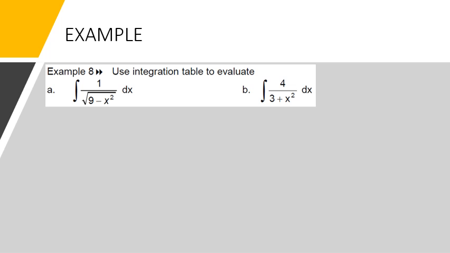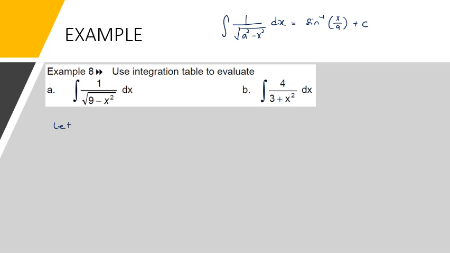The earlier formula is the integral of 1 over square root of a squared minus x squared dx equal to sine inverse of x over a, plus c. So we need to let something here.